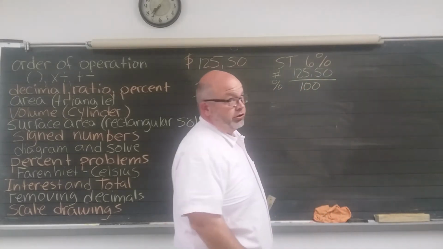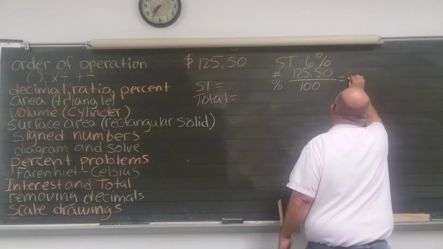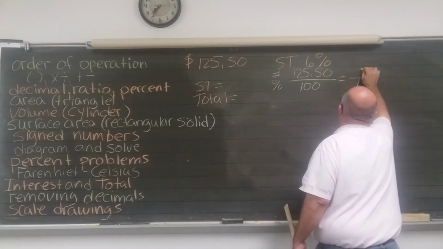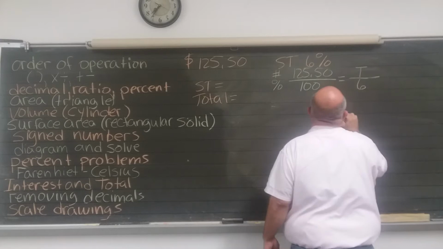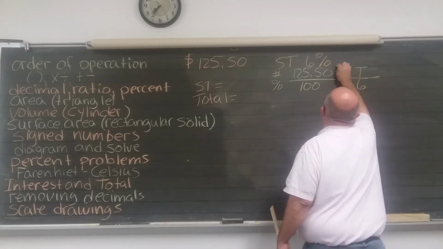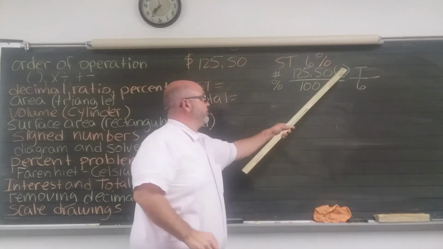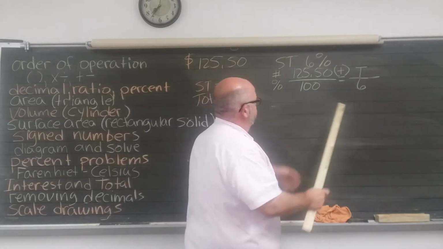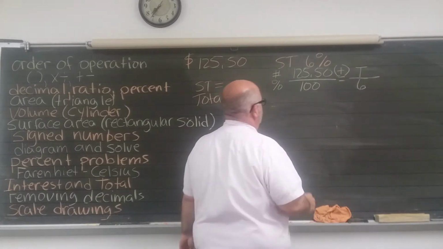Okay, and you're going to increase that by 6%, and your missing number is your tax. Okay, tax is the missing number. And finally, you're going to add $125.50 plus the tax to get the total, right? So this proportion is simply figuring out how much tax there is.